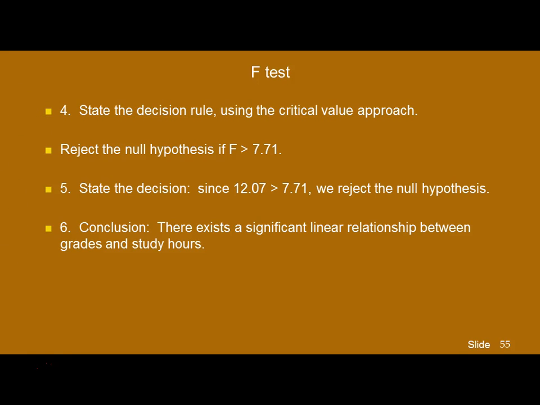It's harder to find p-values. We're going to reject the null hypothesis if we get an F ratio greater than 7.71. We already know that our calculated F is 12.07, so we do reject the null hypothesis. And therefore we conclude that there is a significant linear relationship between grades and study hours.